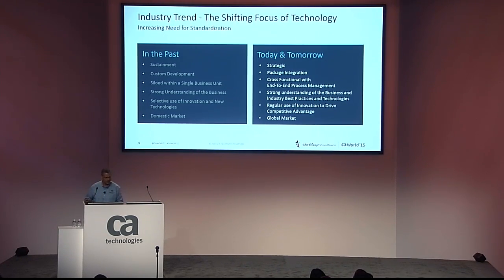Today and in the future, technology and the projects we deliver are a strategic asset, fully integrated in end-to-end processes, using innovation to drive competitive advantage. Further defining the need for more standardization. The variability should be in the scopes of the projects, not the way we deliver and manage them.